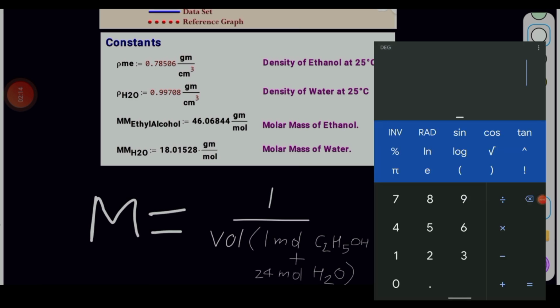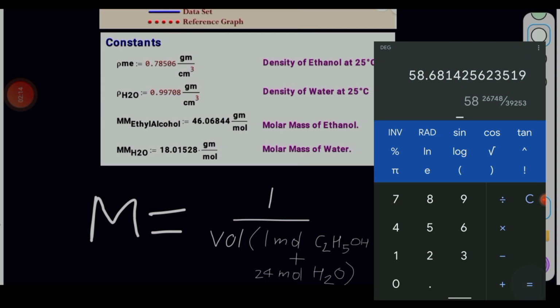We have 1 mole of ethanol, and the molar mass of ethanol is 46.06844, and since we want its volume, we'll just divide this by the density, which is 0.78506. Awesome.